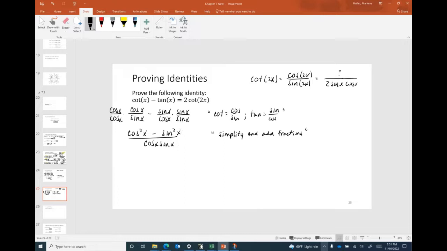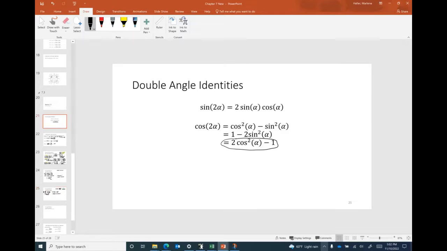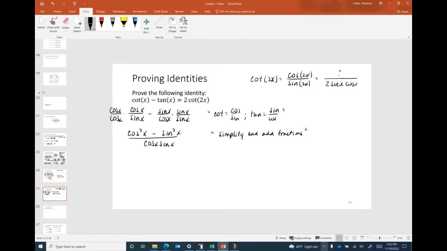Well, let's see. I need something up in the numerator. This is cosine squared x minus sine squared x. Let me look at my double angle identities for the cosine. Let's go back and look at those. Look at this one here. This might be very helpful to us. Cosine squared minus sine squared. I think I might have gotten to a point where I can do a substitution, right?